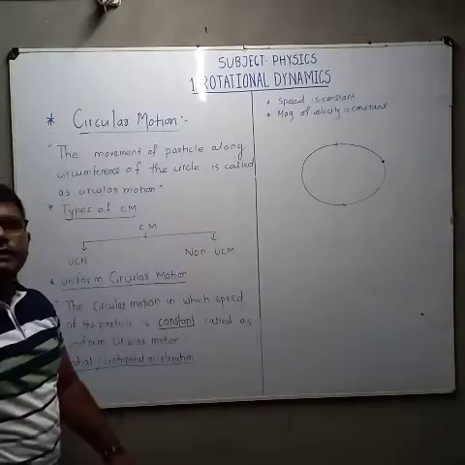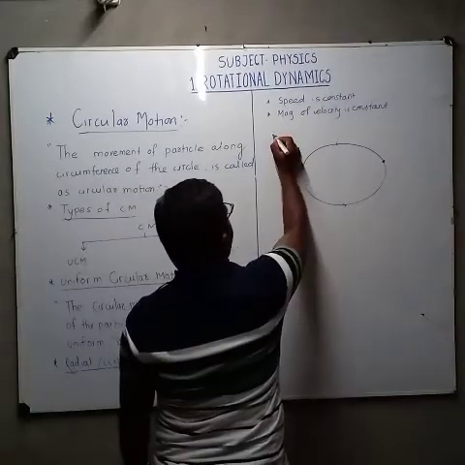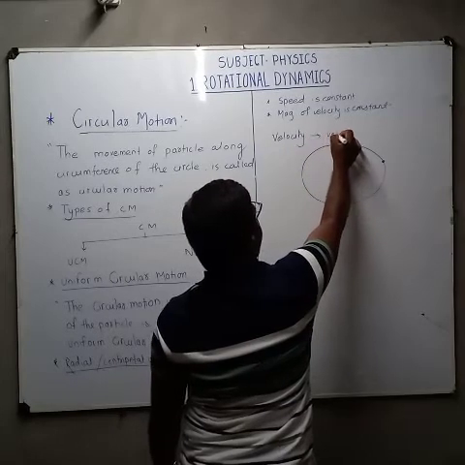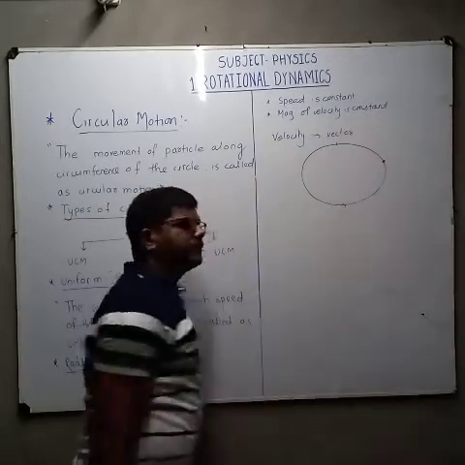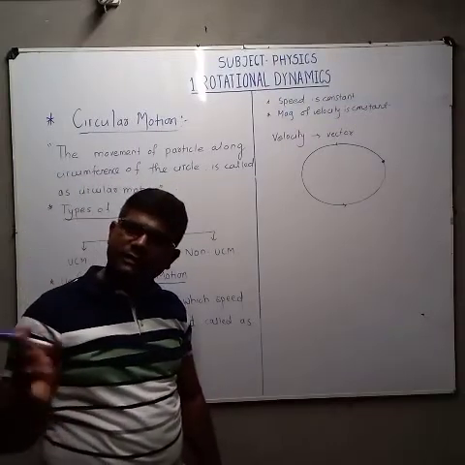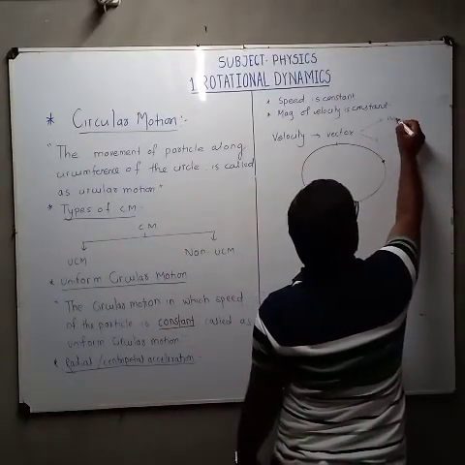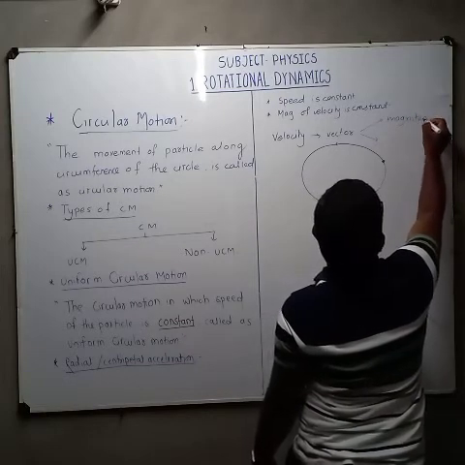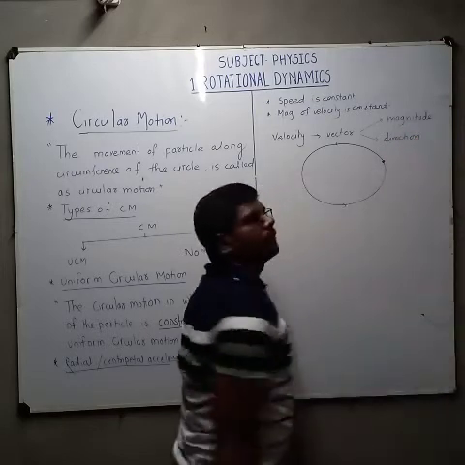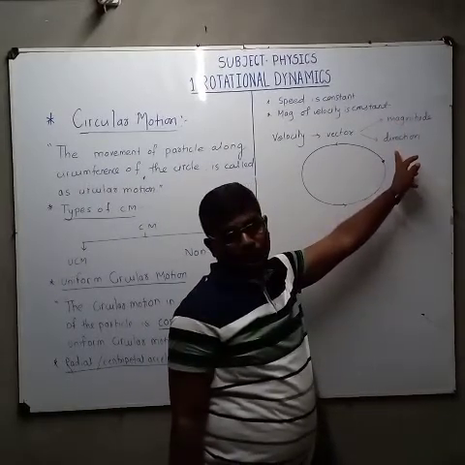We know velocity is a vector quantity, and any vector quantity has both magnitude as well as direction.